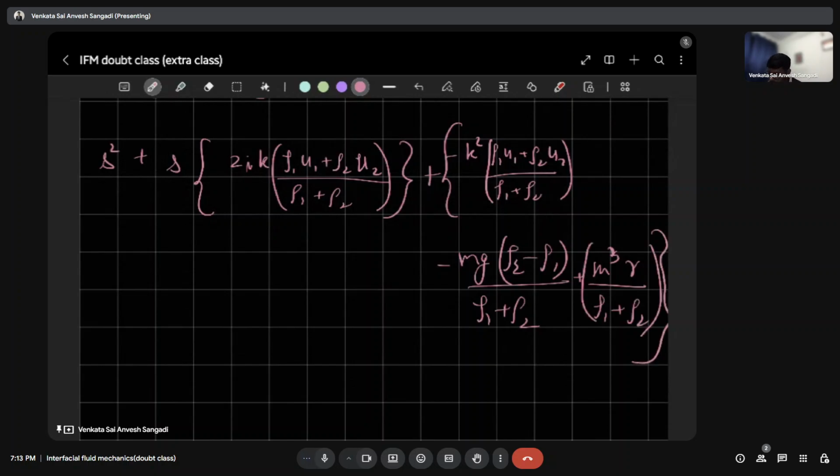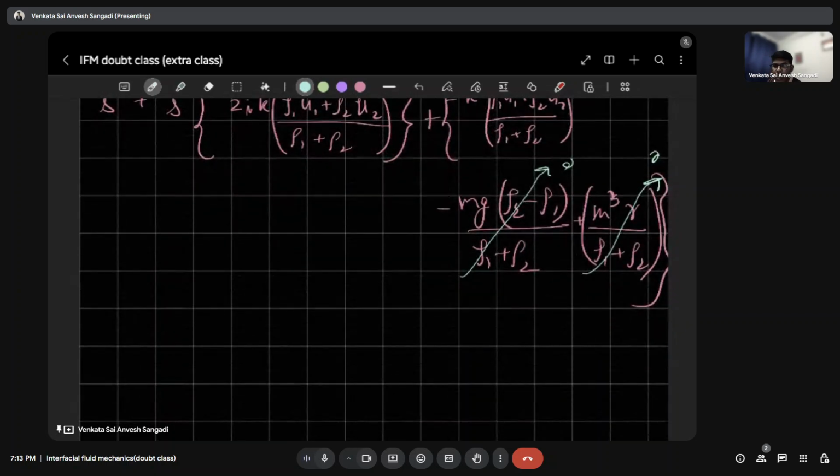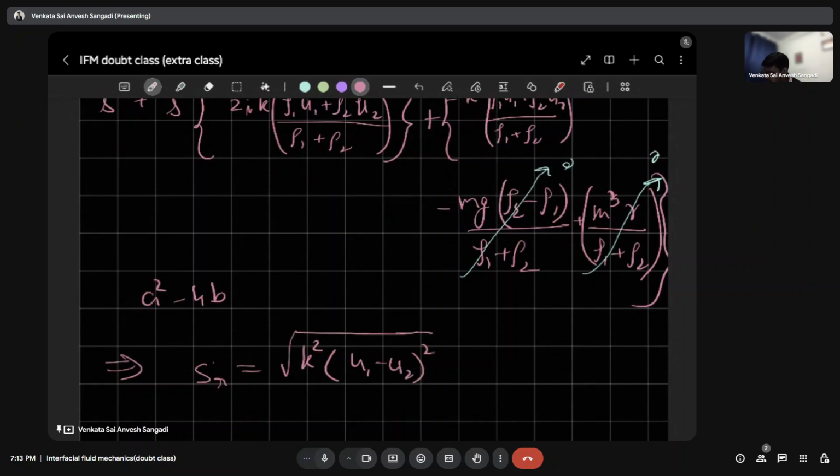Out of all of these terms, some get cancelled right away. The gravity term is 0 and the surface tension term is 0. Then if we write a square minus 4b, we get s real part equal to k square times u1 minus u2 whole square.